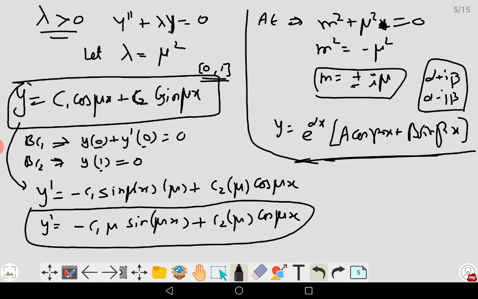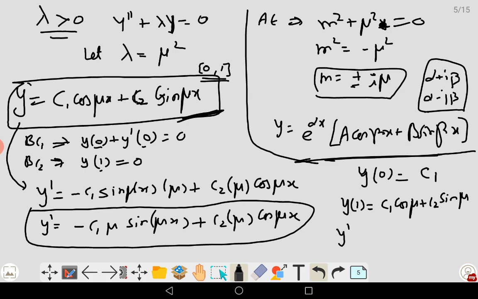Now we have both y and y prime. We can find all terms for the boundary conditions. What is y of 0? Put x equal to 0 in the first value of y. Cosine 0 is 1, sin 0 is 0. It will be c1. What is y of 1? Put x equal to 1: c1 cosine mu plus c2 sin mu. Now what is y prime of 0?